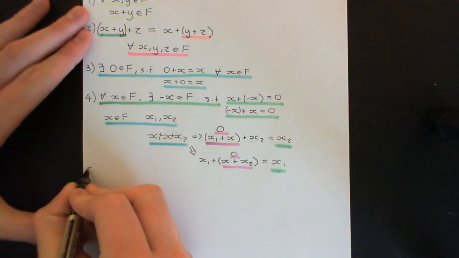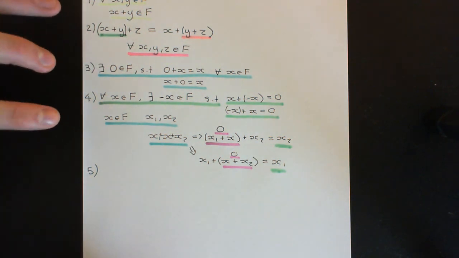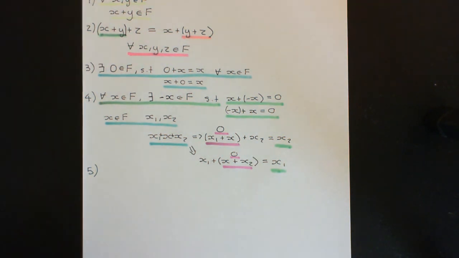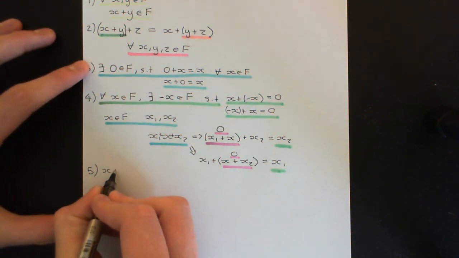Now let's go on to the fifth axiom. Of course, those 4 axioms are just the axioms of being a group under composition of addition. Now what we're going to add on is the abelian criterion, and the abelian criterion is commutativity.